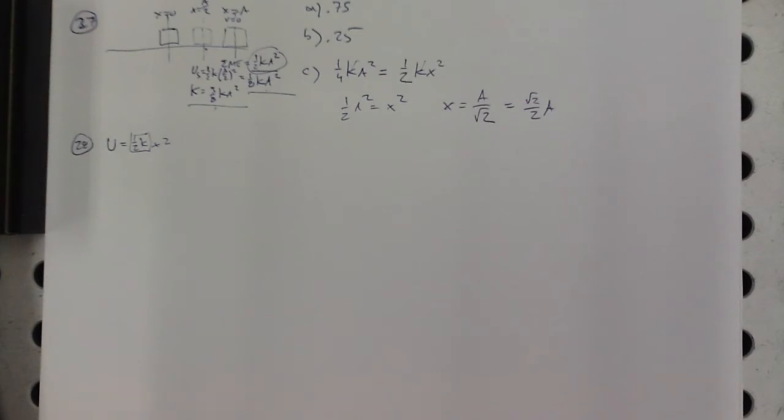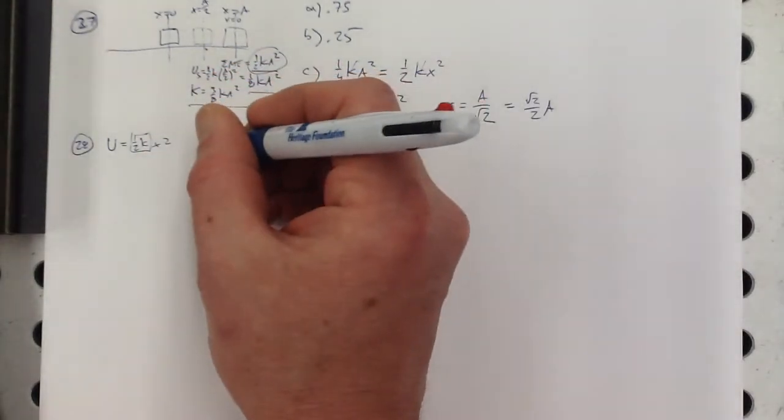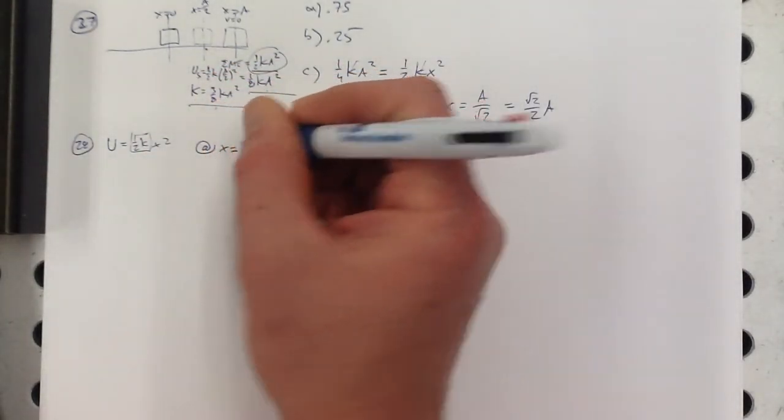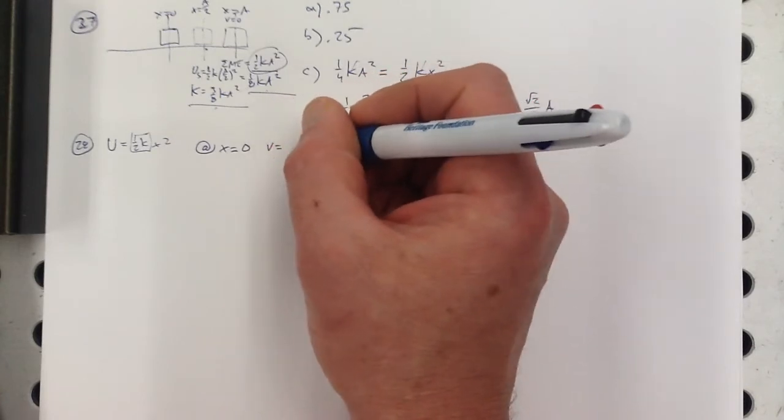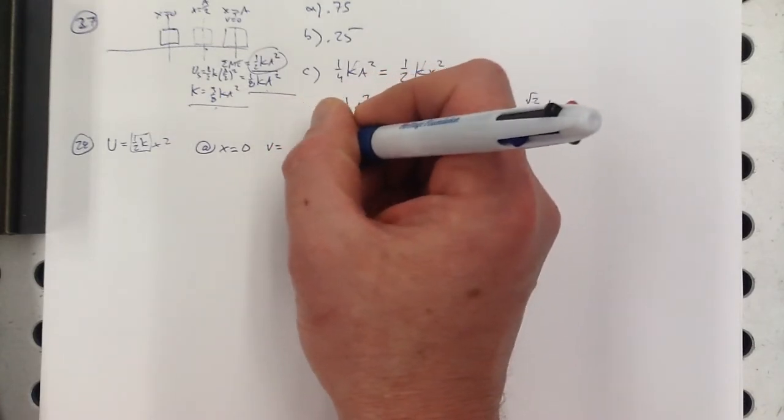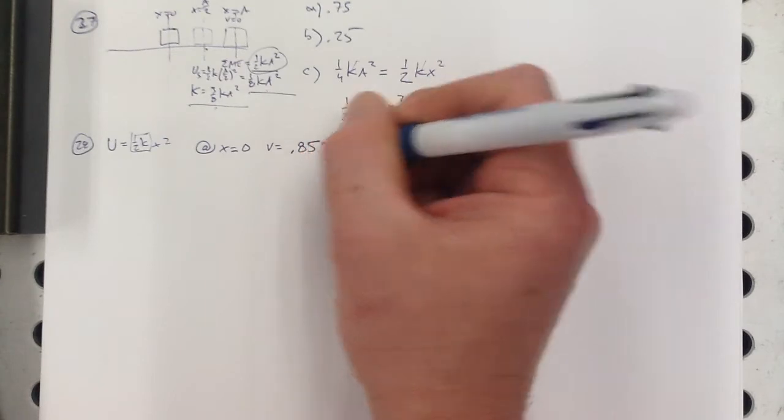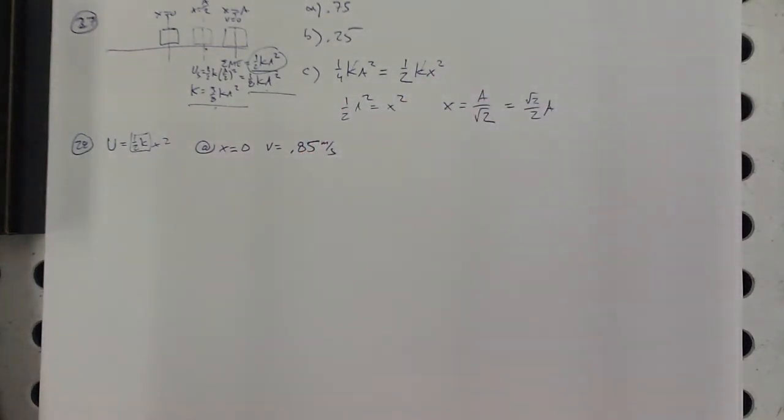If the particle passes through the equilibrium position with a velocity of 85 centimeters per second, then will it be turned back before it reaches x equals 15 centimeters?